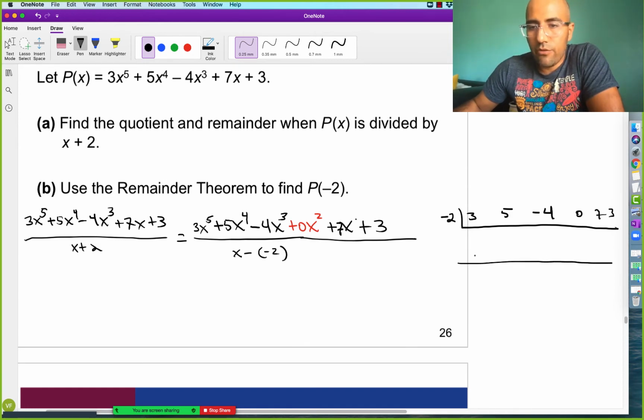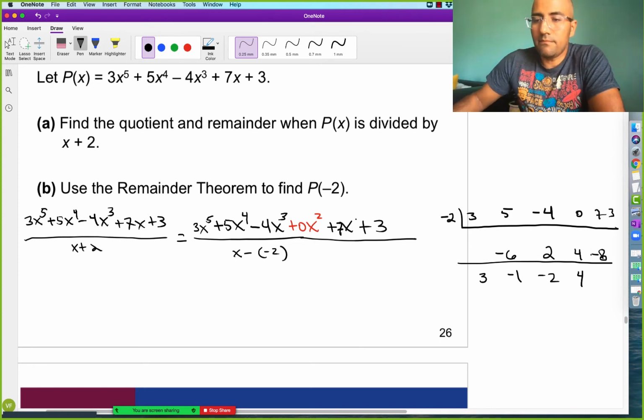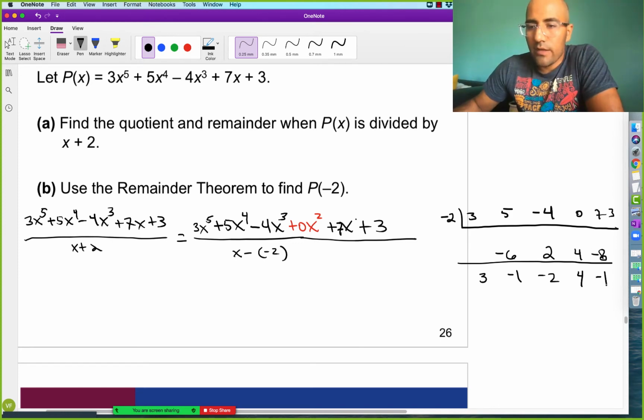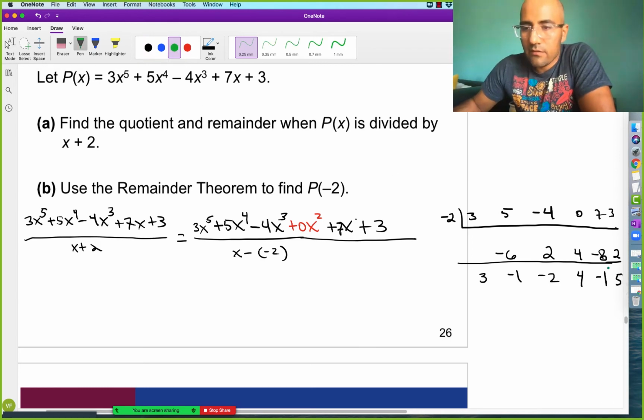So we're going to bring down the 3, multiply -2 times 3 to give me -6, add them together to give me a -1, multiply them to give me a +2, add them to give me a -2, multiply them to give me a +4, add them to give me a +4, multiply them to give me -8, add them, that gives me -1, multiply them, that gives me +2, and then adding them gives me a 5. Good, so that's going to be my remainder, 5.